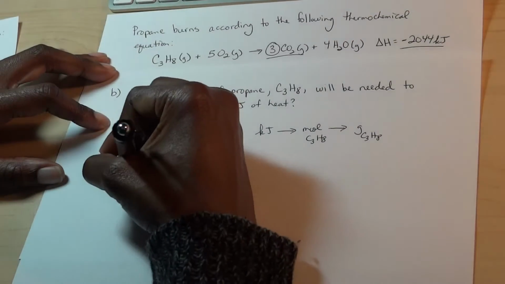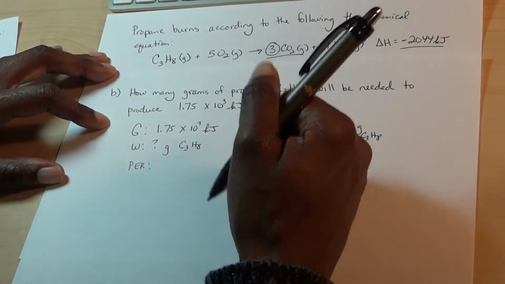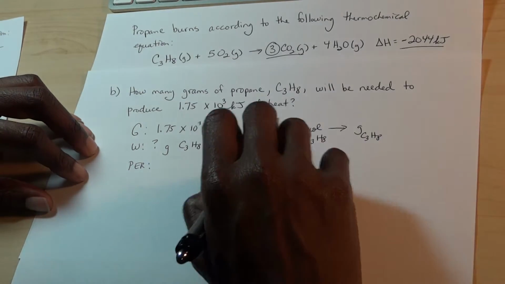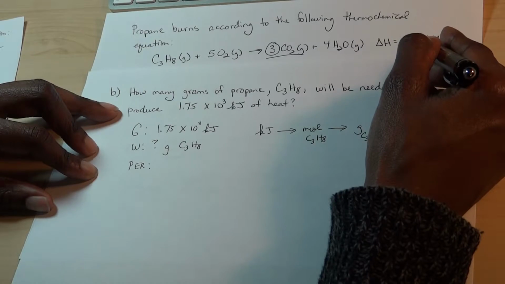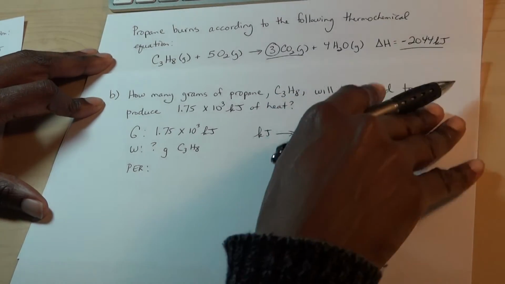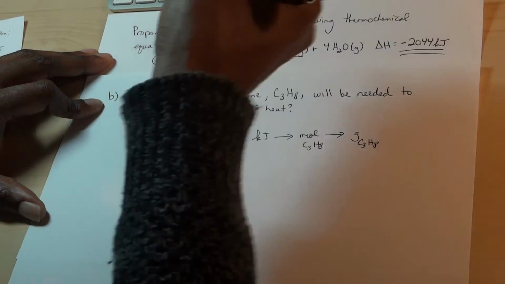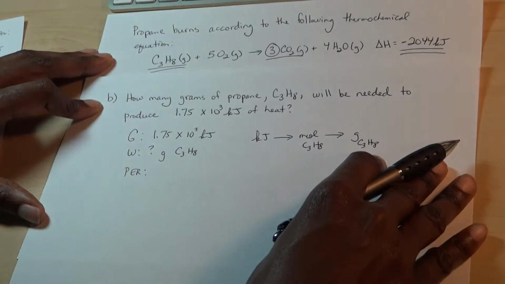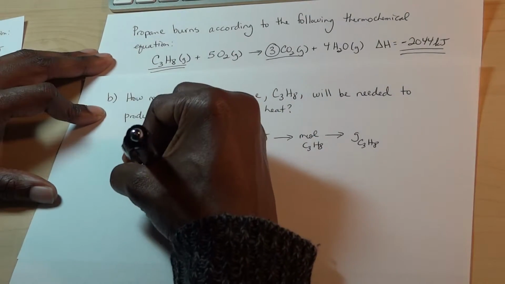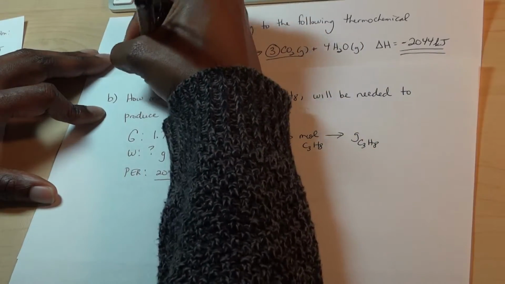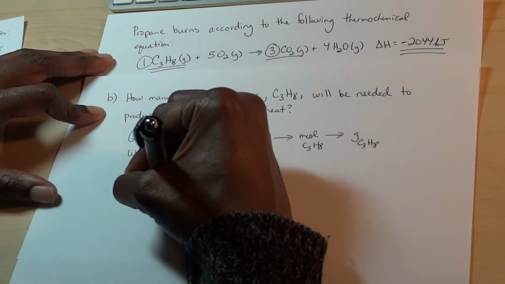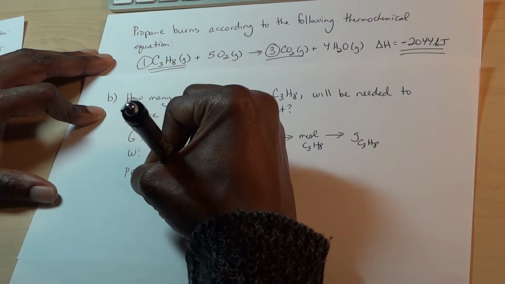Okay, so our per expressions here: from kilojoules to moles, our energy to mole ratio, the 2044 kilojoules. So we're looking at energy to propane this time: 2044 kilojoules for every, and there's a 1 there, 1 mole of propane.